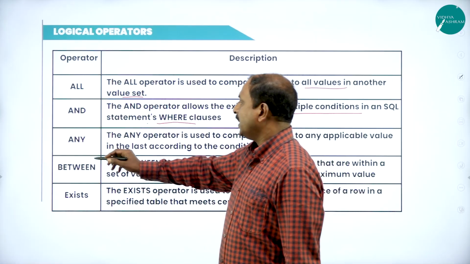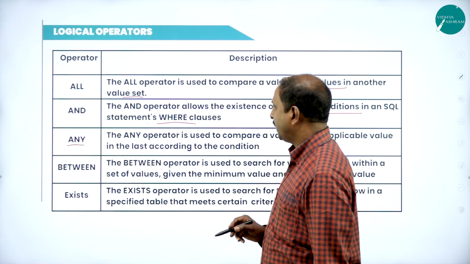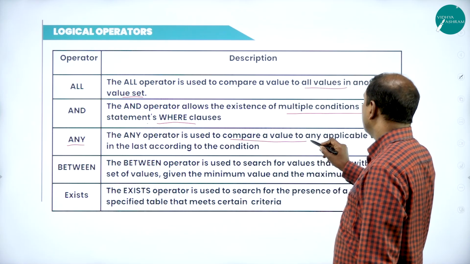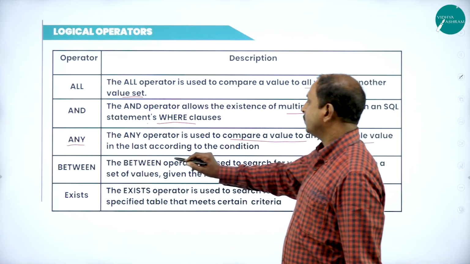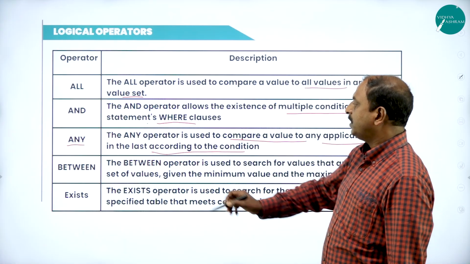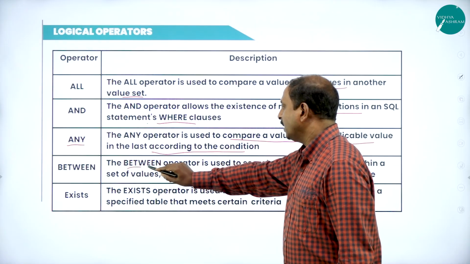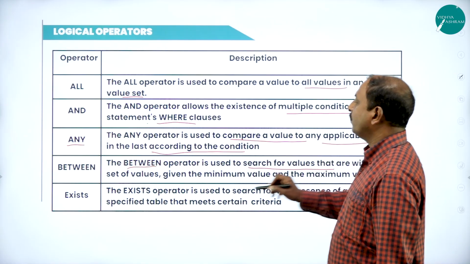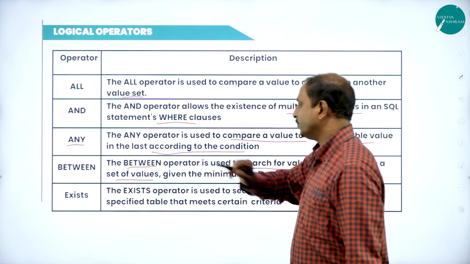Similarly, the ANY operator is used to compare a value to any applicable value in the list according to the condition. BETWEEN is used to search for values that are within a set of values.